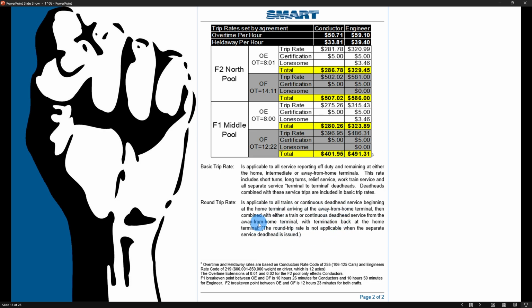This means that you have to make it to your away from home terminal in order to get the OF rate. If you fall short of making it to your away from home terminal, you only get an OE rate. Use code TA to make a correction if found to be the improper rate.